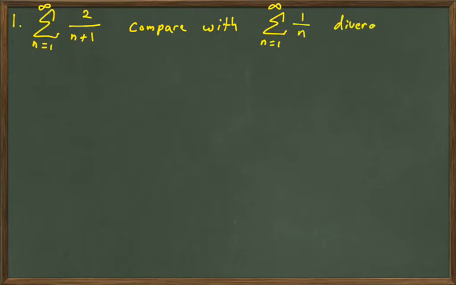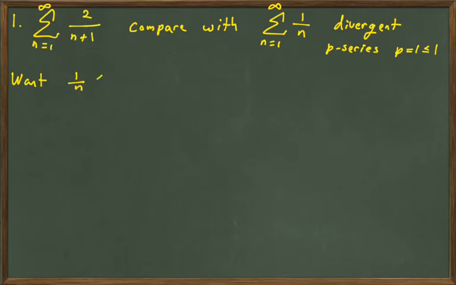And this is a divergent p-series with p equals 1, and that's less than or equal to 1. So if your p was less than or equal to 1, then your p-series diverged. So what we want to do is we want to show that 1 over n is smaller than 2 over n plus 1. And so if we can show that the smaller series diverges, then so will the larger one.